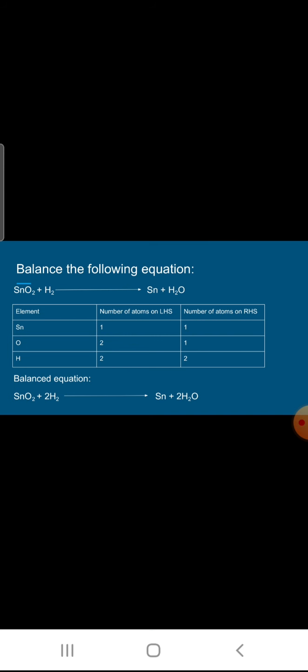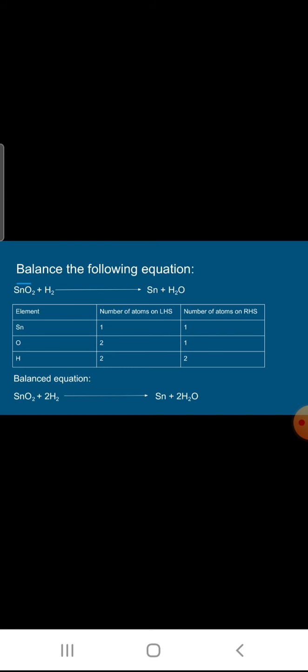Now, next step, you have to check the number of atoms on both sides. See, Sn appears on both sides, but it is already balanced. Next step, you need to balance oxygen. Oxygen is not balanced.